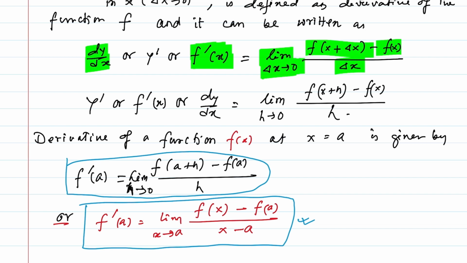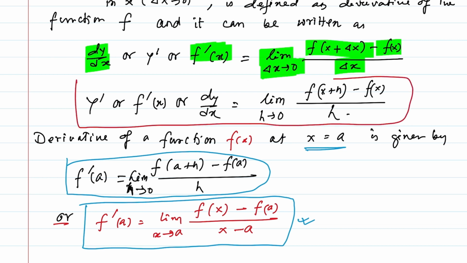So that is what a derivative is, and how to find the derivative of a function at a given point. When we use this formula to find a derivative, it is called the first principle.